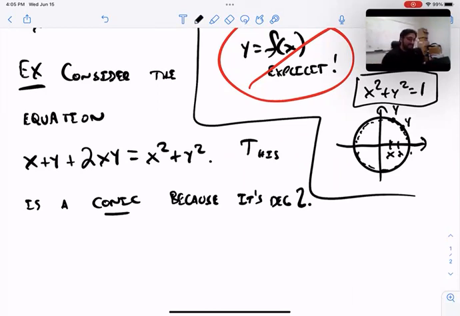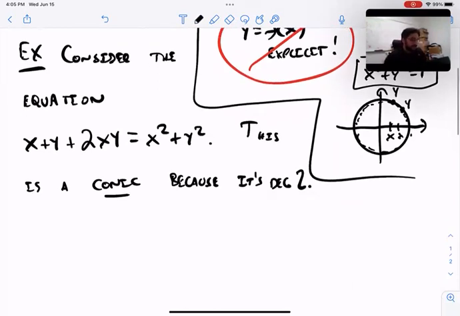But this one is pretty clearly not just a point, right? So because it's degree 2, it's going to be one of those figures or a pair of lines.